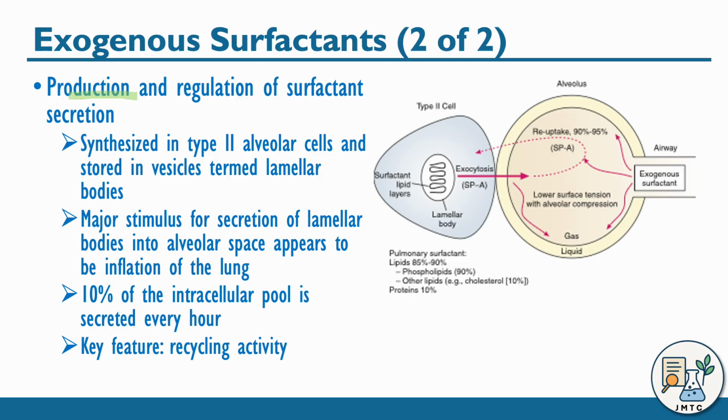Meron tayo nung type 2 pneumocytes. So the surfactant is synthesized in type 2 alveolar cells, and it is stored in structures called lamellar body. So itong lamellar body natin, para siyang storage vesicles. Parang warehouse siya ng surfactant.